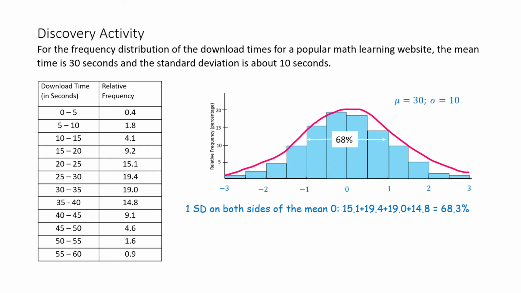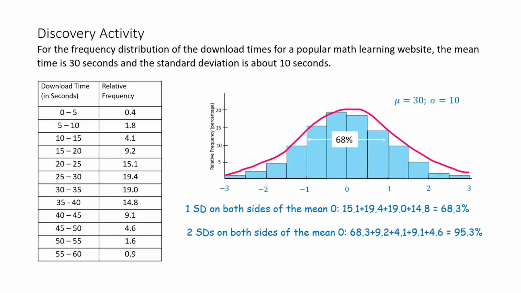Let's repeat this process for 2 standard deviations on both sides of the mean 0. For one standard deviation, we've already computed that as 68.3. So let's extend another standard deviation to the left of -1 and to the right of +1.